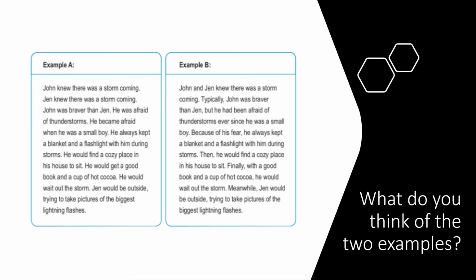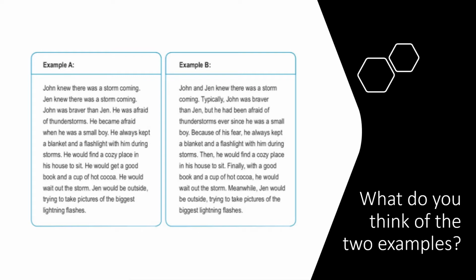So what is the difference you found between example A and example B? Example A has got short and simple sentences. Example B is also simple, but the sentences have been joined using some words.